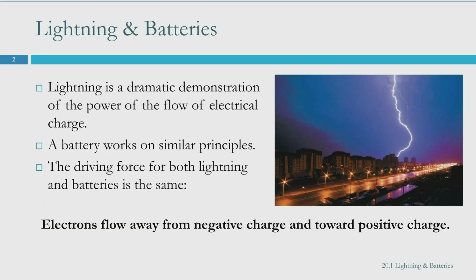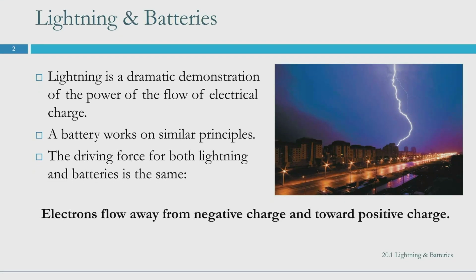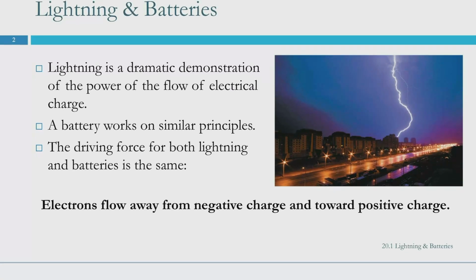Electrochemistry covers things related to, as you might expect, electricity and chemistry. And lightning is a great example of electricity. It's a very dramatic display of electricity and electrical charge. A key point in electrochemistry, electrons flow away from negative charge.